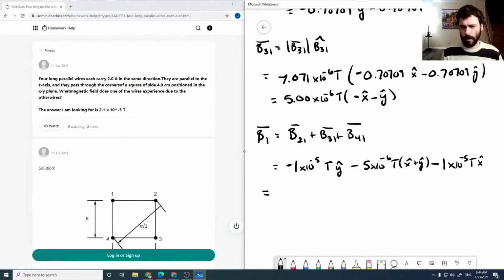So this comes to be minus 1.5 times 10 to the minus 5 Tesla x hat minus 1.5 times 10 to the minus 5 Tesla y hat. And then if we want to know the magnitude of our B field at 1, well, that's just the square root of the components squared.